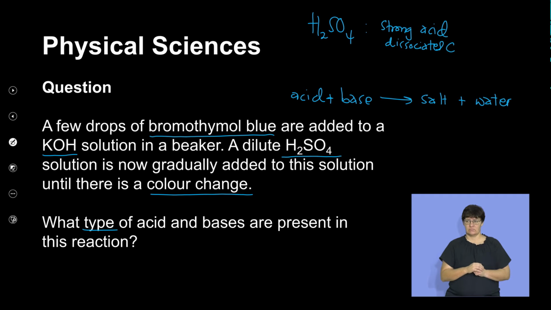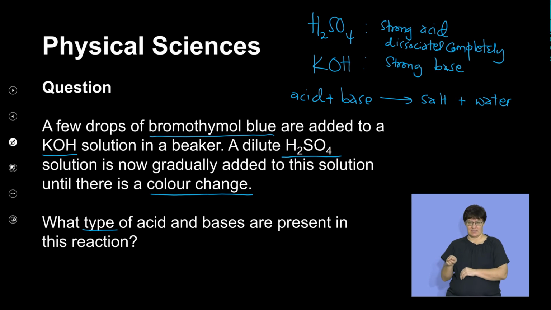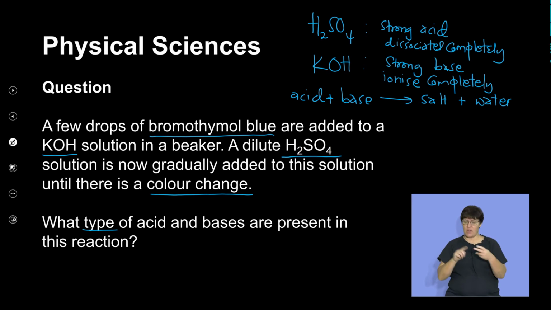And then we also have potassium hydroxide, which is a strong base. Why is it a strong base? We know that all strong bases ionize completely in solution. So complete ionization and complete dissociation are the characteristics that we use to identify the acid and base in this particular reaction.